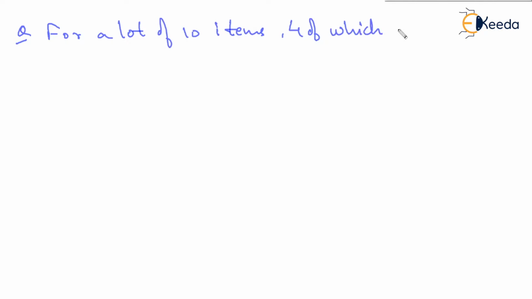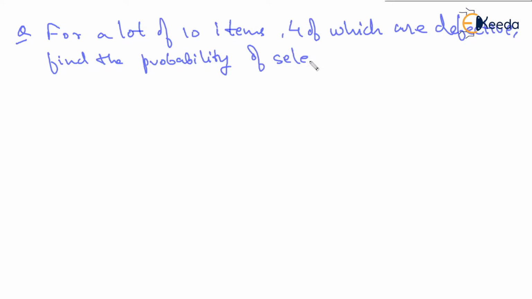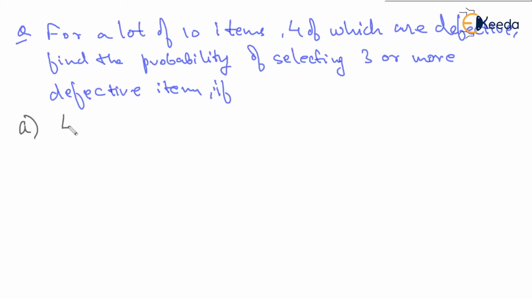It says, for a lot of 10 items, 4 of which are defective, find the probability of selecting 3 or more defective items if 4 items are selected at random.